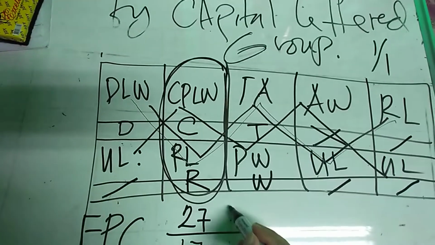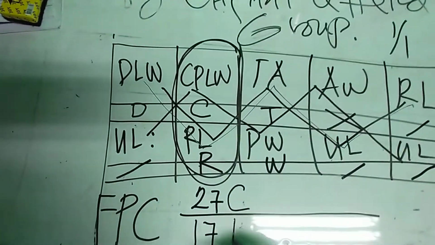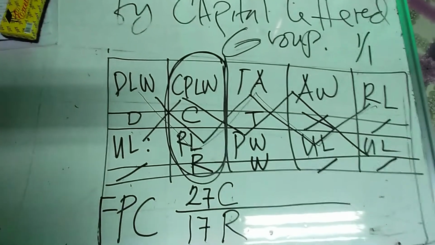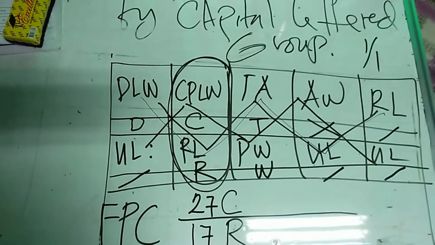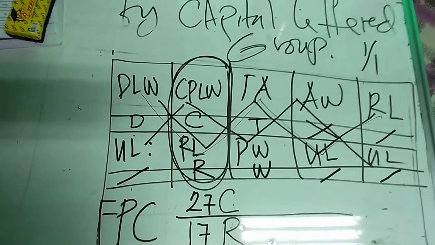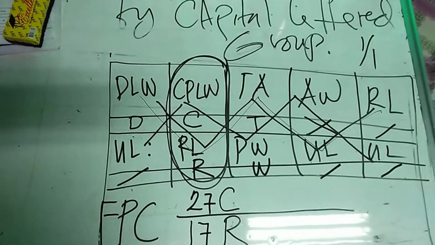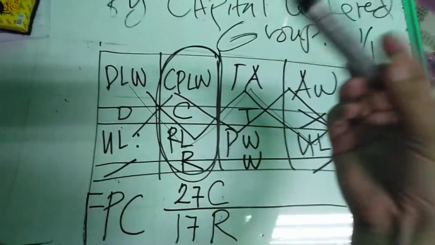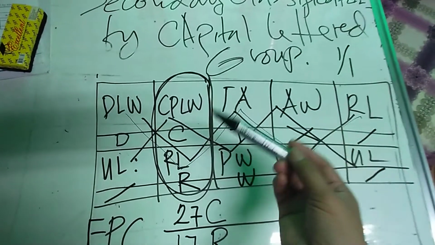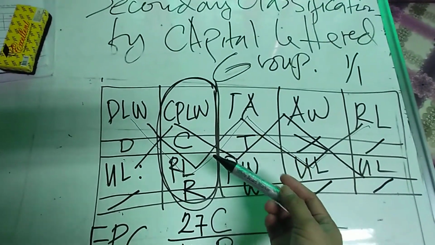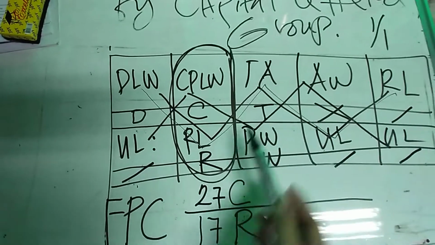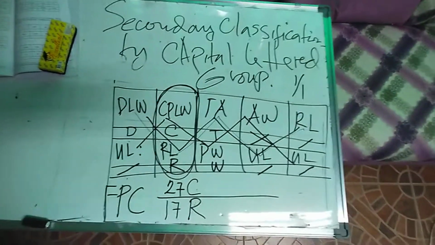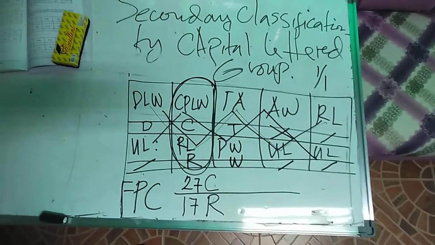So, that is C and R. That is the reason why when the given index fingers are radial loop and ulnar loop, always write capital letter R or capital letter U. You cannot use the slant on the index finger because you cannot represent the capital letter on the secondary classification if you are going to use this symbol on the index finger. So that is for the secondary classification by capital letter group.